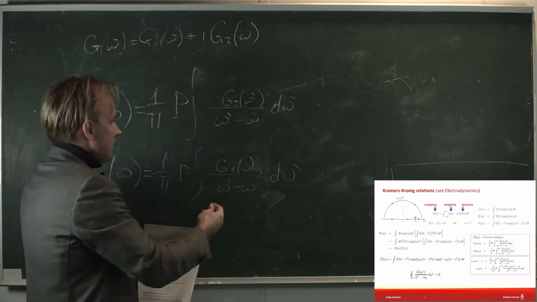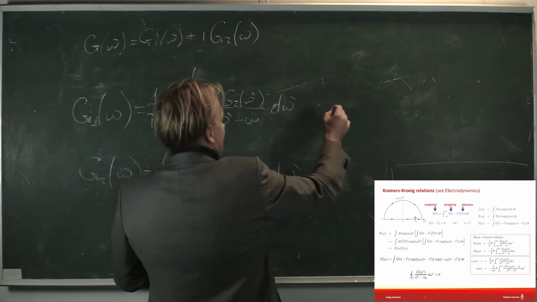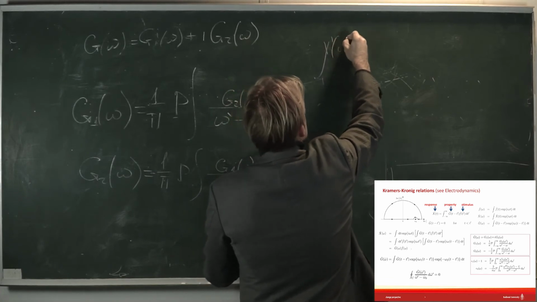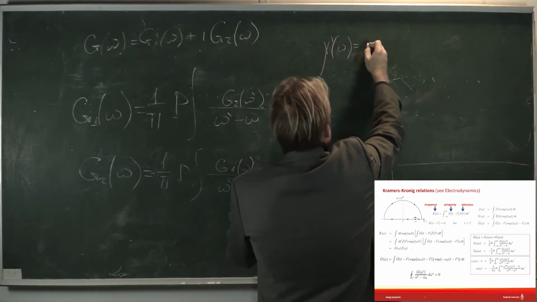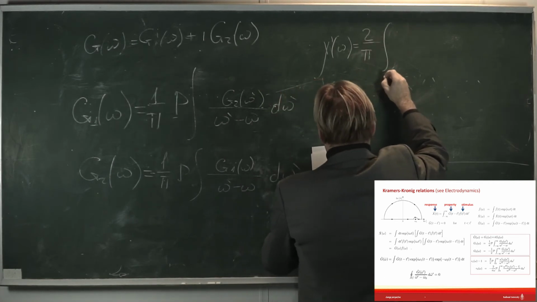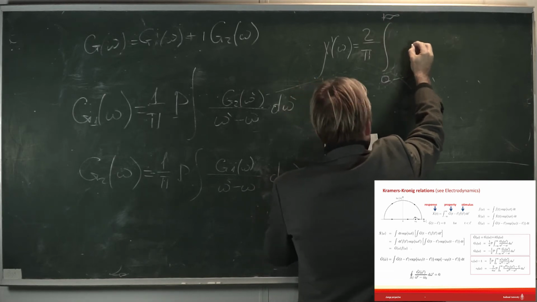So from these Kramers-Kronig relations, people derive that for the real part of optical susceptibility, we can find this expression.